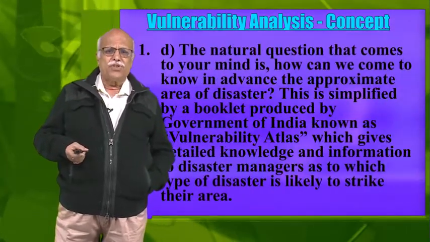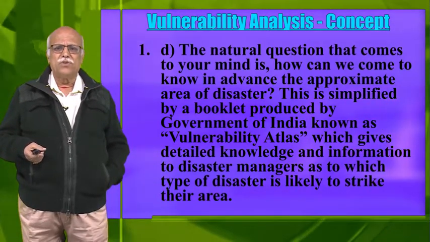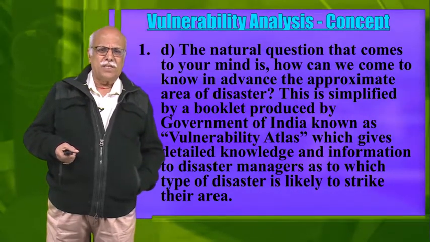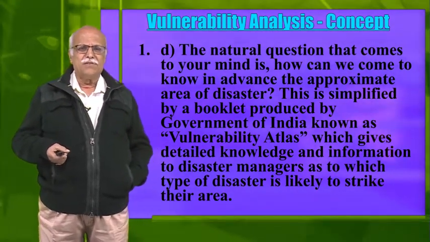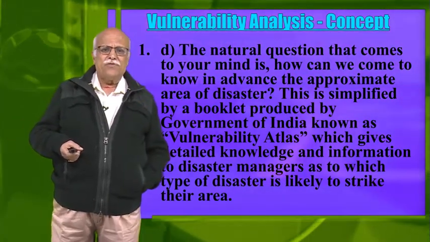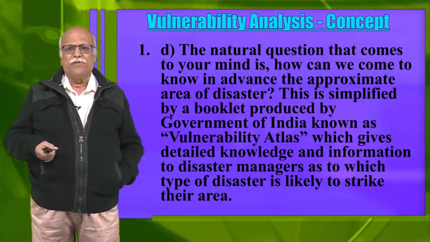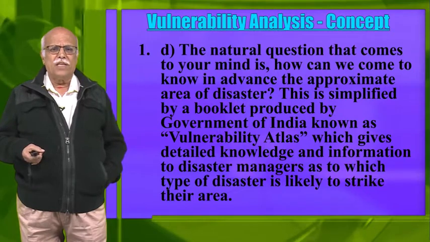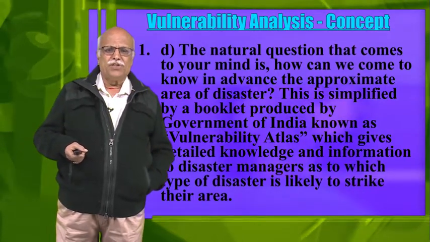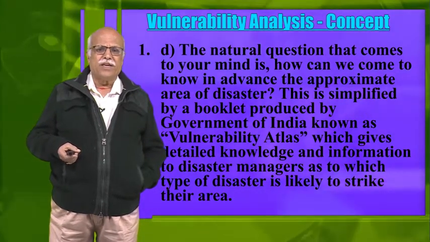The natural question that comes to our mind is, how can we come to know in advance? Who is going to give me this information? Is there a booklet? Is there a database which I have to follow? The advance information that we are talking about has been simplified by a booklet produced by the Government of India known as the Vulnerability Atlas, which gives detailed knowledge and information to disaster managers as to which type of disaster is likely to strike their area.